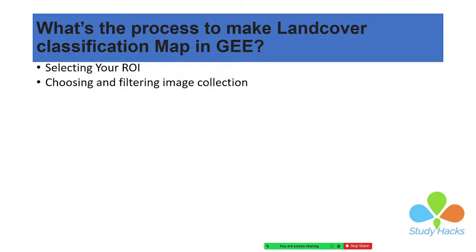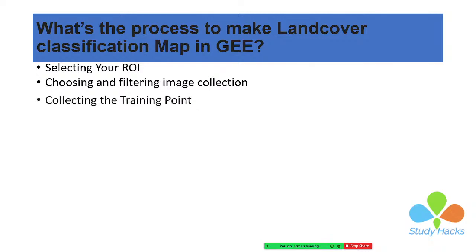Your image collection can be Landsat or Sentinel. So you choose this satellite imagery, and then you also need to filter your imagery, and we already covered how you can easily filter the Landsat or Sentinel imagery for a different time period, as well as for a specific region. We also covered this part.